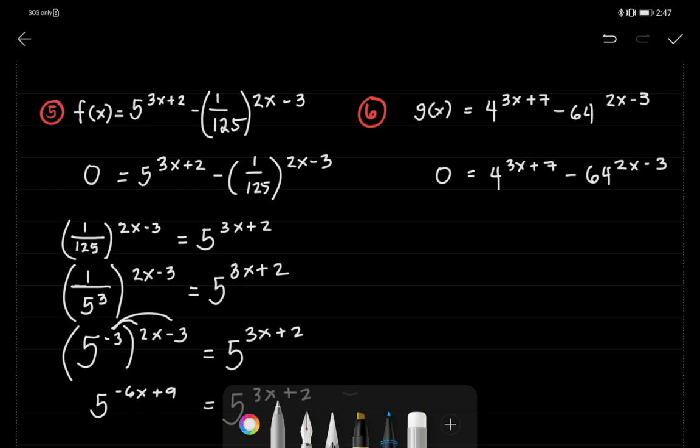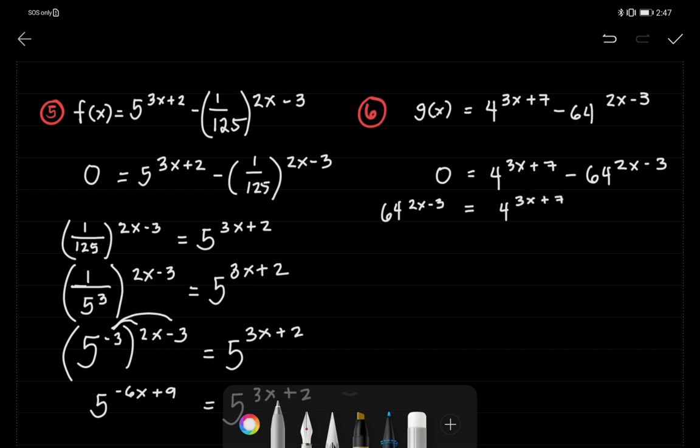Then lipat natin yung isang expression sa kabila. So from negative magiging positive. No, positive pala kasi maging positive na yan. Positive 64 raised to 2x minus 3 which is equal to 4 raised to 3x plus 7.